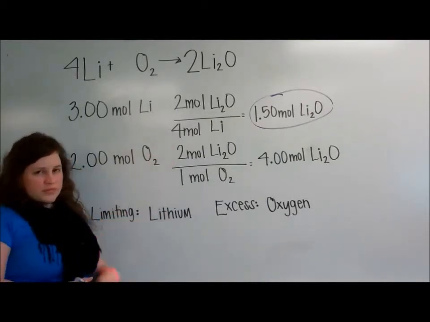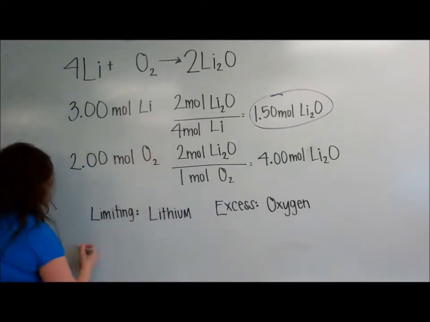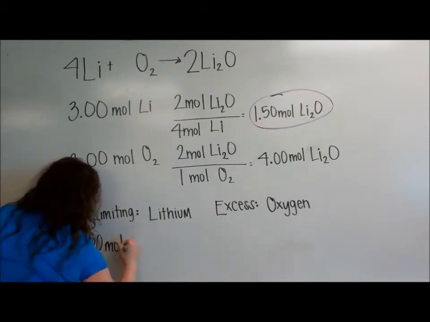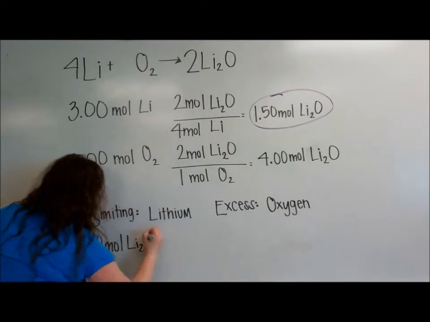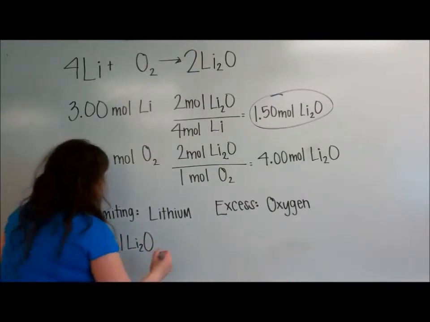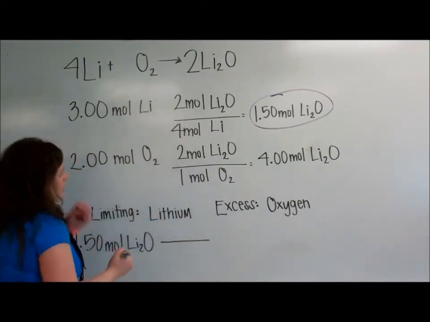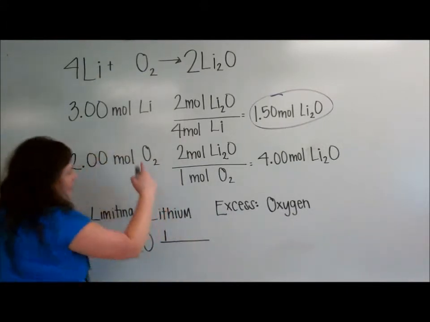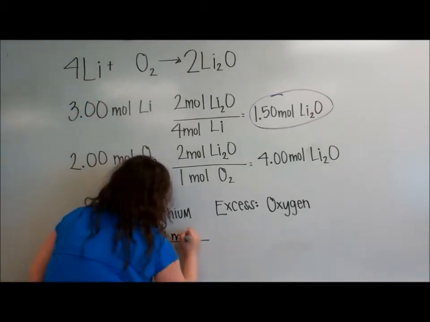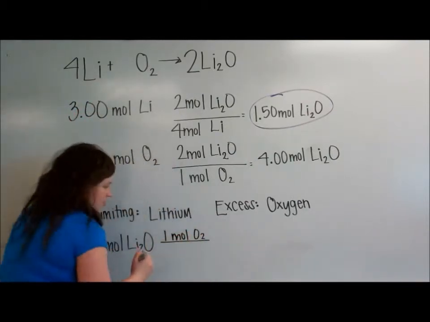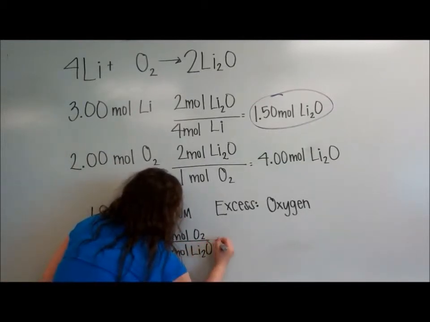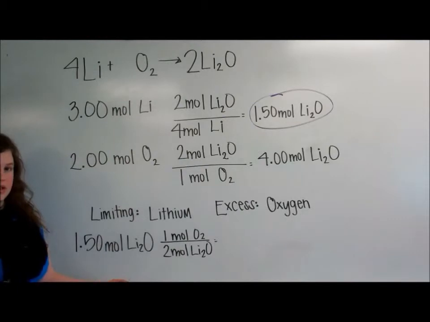So what we do is we take our 1.50, and this is how much lithium oxide will actually be made from the reaction. So if I look at my ratio right up here, for every 1 mole of oxygen gas that goes in, 2 moles of lithium oxide are produced. Easy enough.